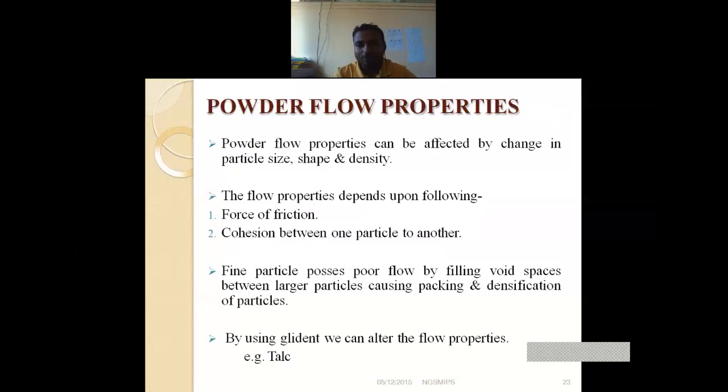So next, we come to powder flow properties. Why are powder flow properties an important parameter for the preformulation study? Do you have any idea? Powder flow properties. Anyone? Why is it important in preformulation?